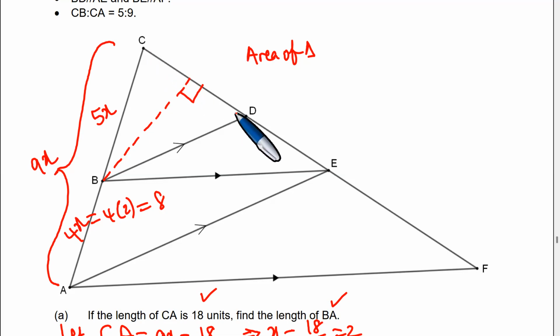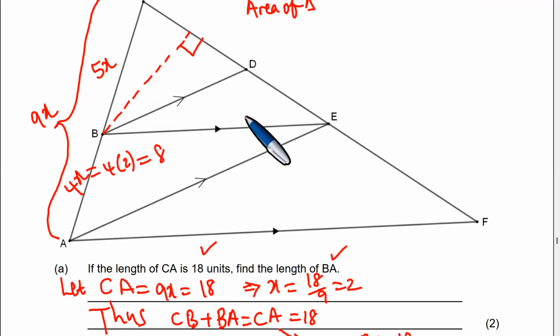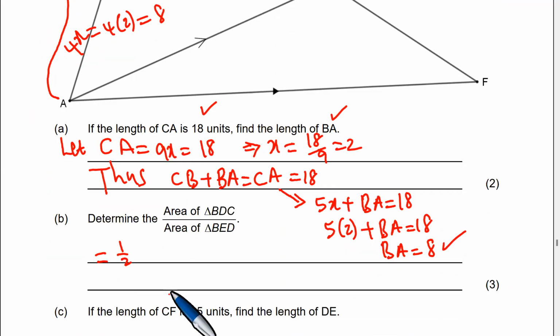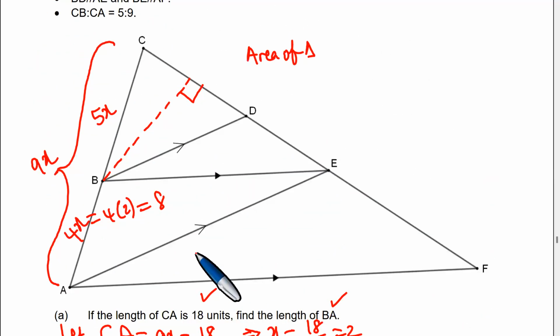You can take the base to be CD, so half CD times the height, call it H. You can construct the height and call it H.